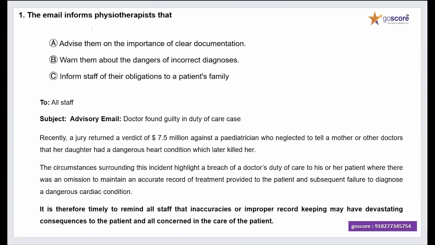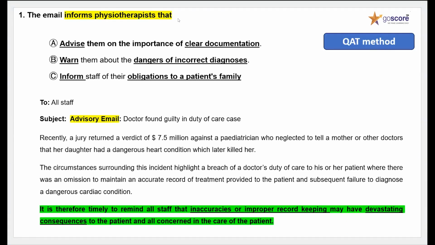First option. So our method is what? QAT method, right? Question and answer options. "Informs physiotherapists" is the key phrase in the question statement. Then option A, advise them on the importance of clear documentation.